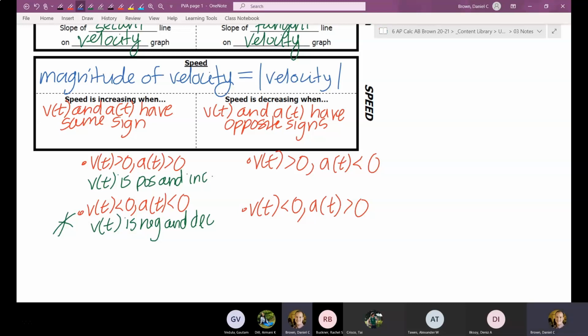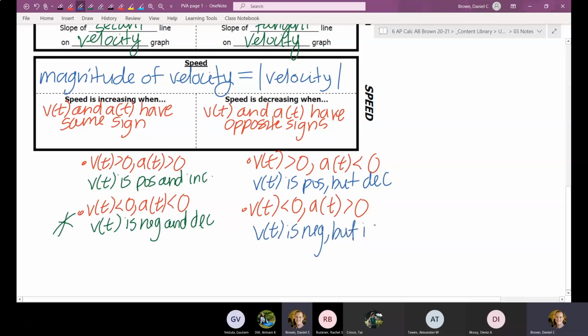Another way to translate this first statement would be velocity is positive but decreasing. So you're moving to the right, but that velocity is slowly slowing down. Or velocity is negative, so maybe something is moving backwards, but that velocity is increasing, so it's still going to be slowing down while still moving backwards.